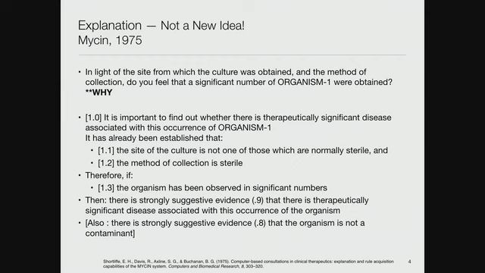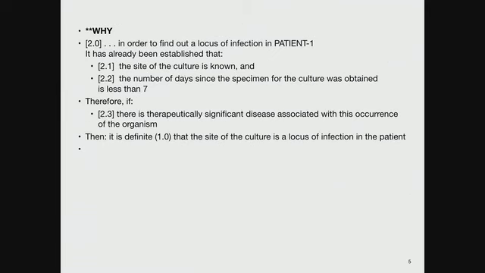And you can go on with this and you can say, well, why that? So why that question? And it traces back in its evolution of these rules. And it says, well, in order to find out the locus of infection, it's already been established that the site of the culture is known. The number of days since the specimen was obtained is less than 7.